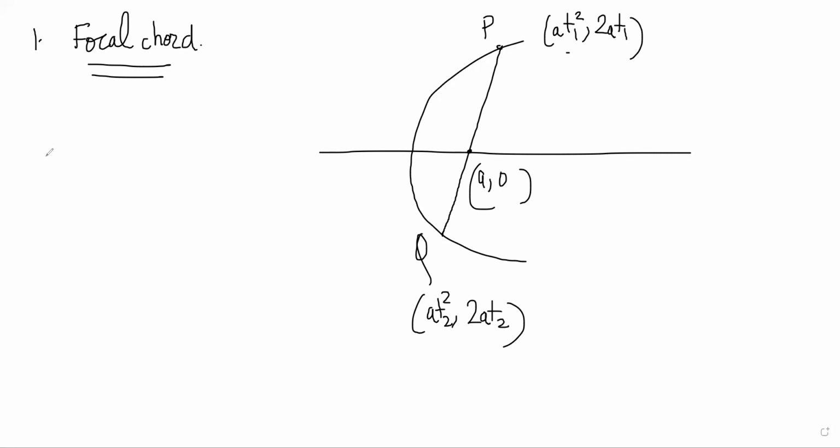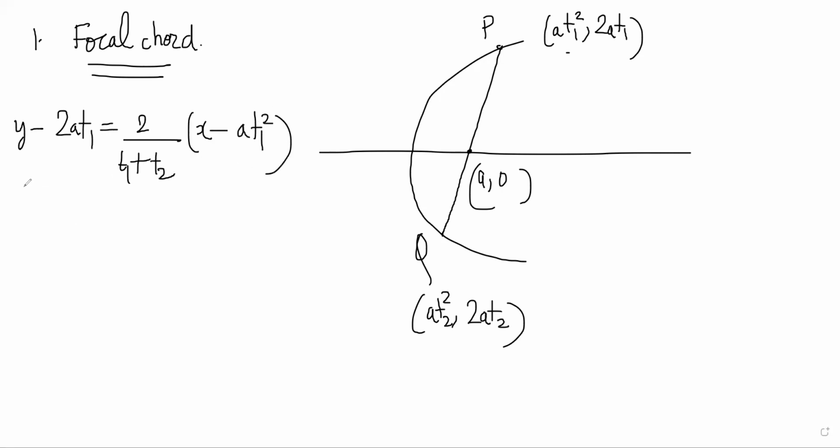So earlier we saw that the equation of this chord was what? Y minus 2a T1 is equal to 2 by T1 plus T2 x minus a T1 square, right? We had derived this earlier, simple straight line two-point form, right? Now you say that it passes through a comma 0. So put a comma 0 in this.